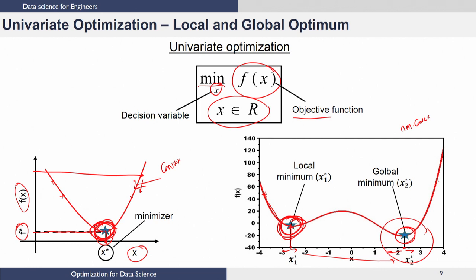However, if I start here, then I would more likely end up here, and then I will say this is the best I get, and I will stop my data science algorithm. Now, notice what happens in this case. If your data science algorithm is trying to find a value for the decision variable, when you run this once with this initialization, you might get this as a solution to your problem, and when you run with this initialization, you might get this as a solution to this problem.